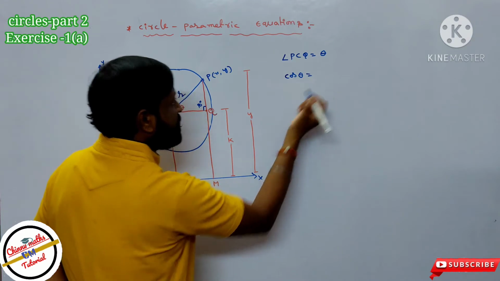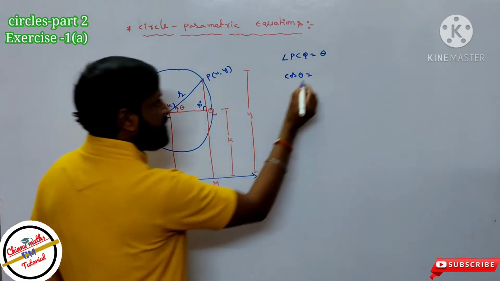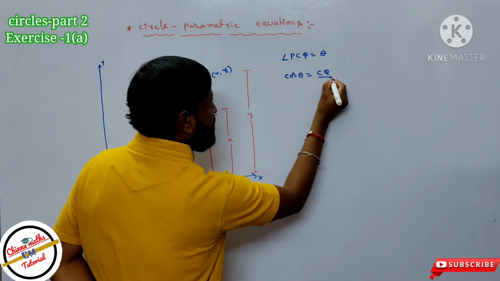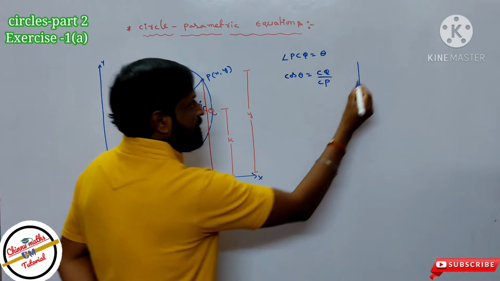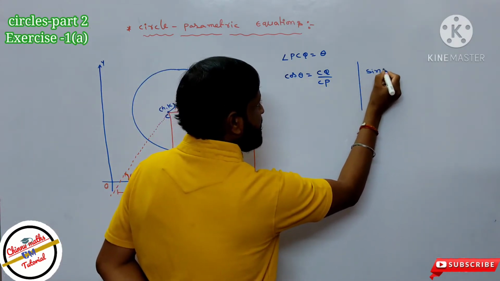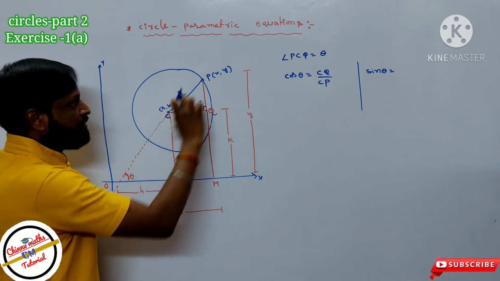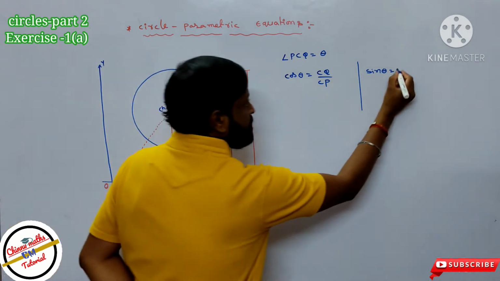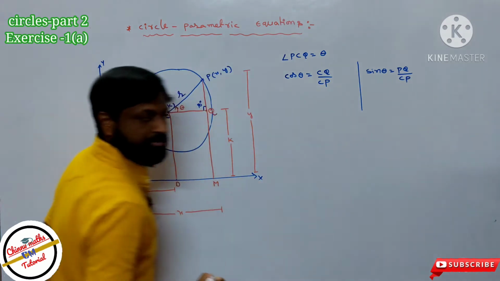Cos theta equal to adjacent side by hypotenuse. Adjacent side means CQ, hypotenuse means CP. Similarly, take the sin theta value. Sin theta equal to opposite side by hypotenuse, that is PQ by CP.